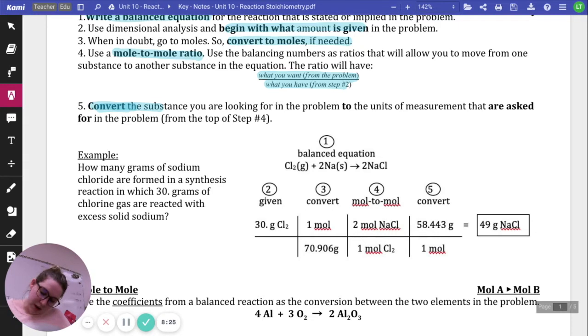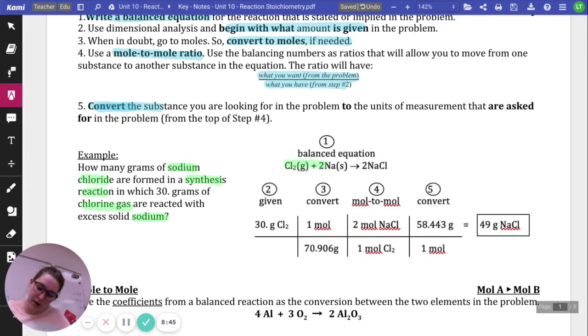It says: how many grams of sodium chloride are formed in a synthesis reaction in which 30 grams of chlorine gas are reacted with excess solid sodium. Okay, so we know we have a synthesis reaction, and our reactants are chlorine and sodium.